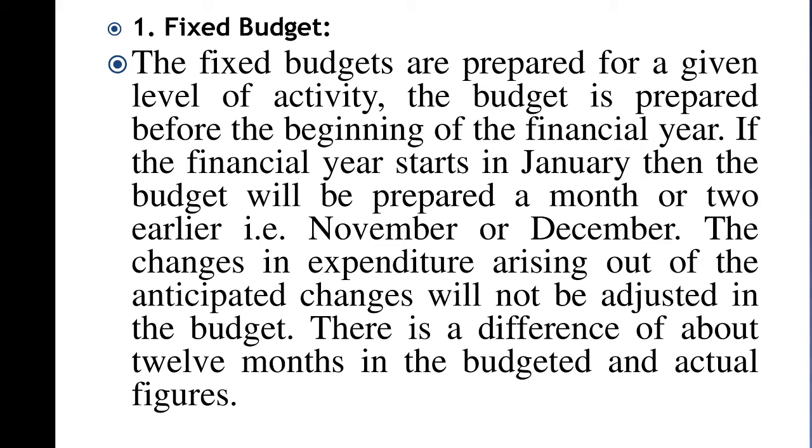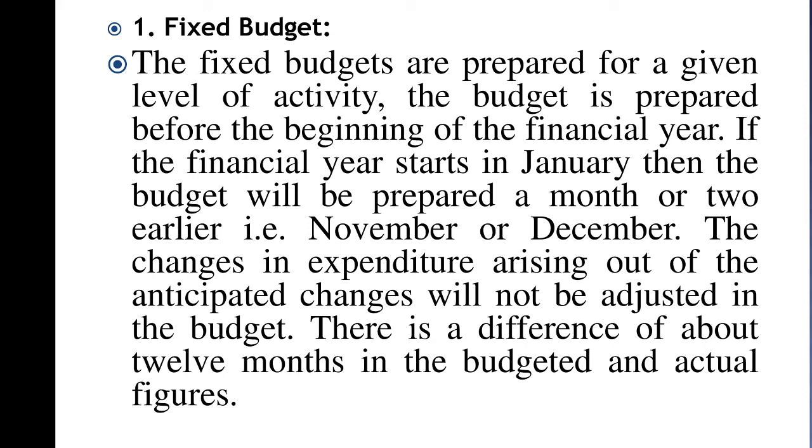The budget will be prepared before the beginning of the financial year. If the financial year, for example, starts in January, then the budget will be prepared a month or two earlier, for example in November or December itself. The changes in expenditure arising out of the anticipated changes will not be adjusted in the budget.